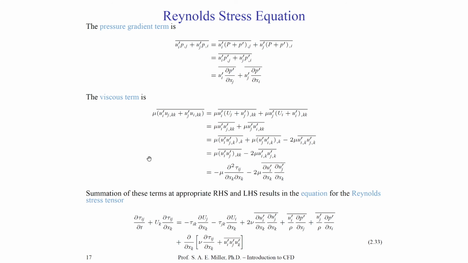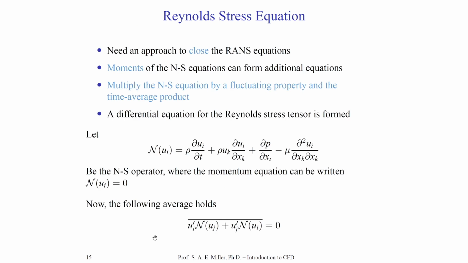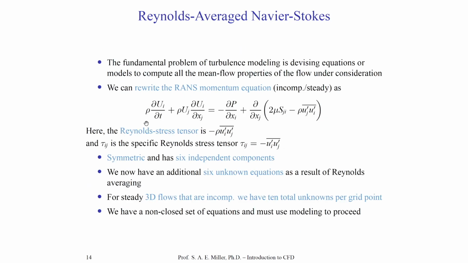Then we move around the terms on the right-hand side and left-hand side and put them in this form at the bottom of the page for a very good reason. That reason is that we want to put it in the same type of form as the Navier-Stokes equations, where we have some time derivative plus a convection term balanced by pressure gradient terms plus stresses.